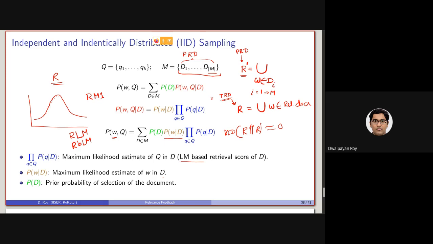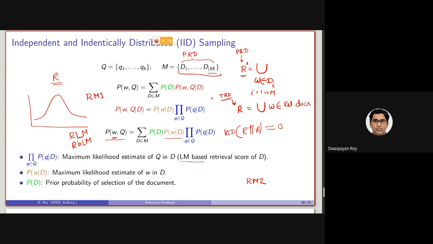Basically, this is the first model that was presented by the Lavrenko and Croft paper in SIGIR 2001. There was another method which, rather than approximating P(W|Q) using IID sampling, used a conditional sampling method, called RM2, relevance model 2.